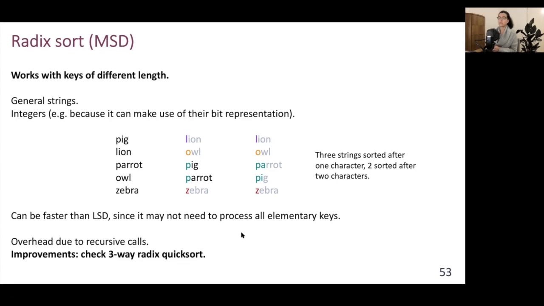But the drawback of MSD is that it's a recursive algorithm while LSD is non-recursive, and so the MSD algorithm can have quite some overhead due to recursive calls. As you might expect, these performances can be improved by combining ideas from different algorithms. We will not cover them in this course, but if you're curious, you can check, for instance, the three-way radix quicksort algorithm.